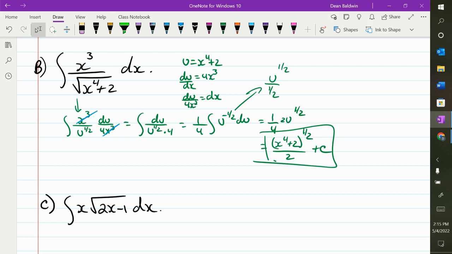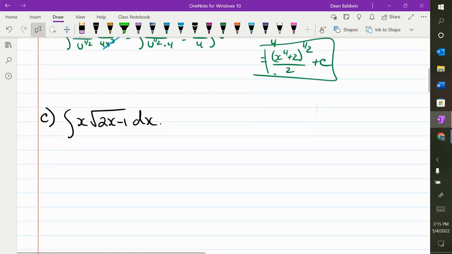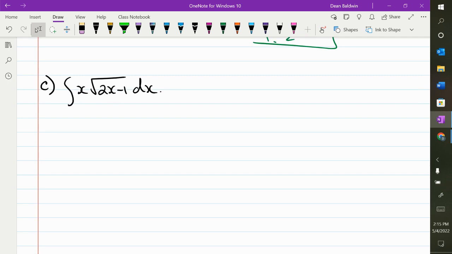However, in this one, that's power of 1, that's power of 1. So it looks like it's not going to work, but we're going to do u substitution anyway. Okay? So again, u is what's inside the square root or the brackets or whatever you're doing. So u is equal to 2x minus 1.